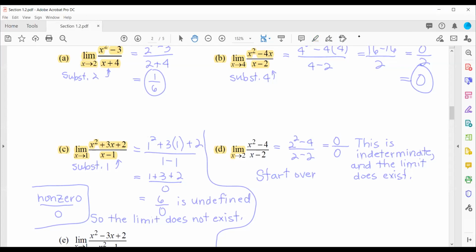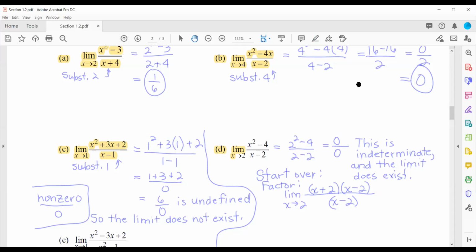Start over, factor. Now, factoring may not be your greatest skill. If it's not, then you could also solve this graphically.